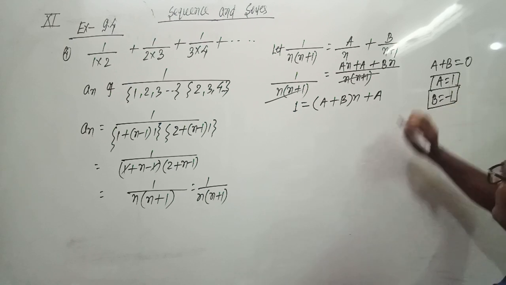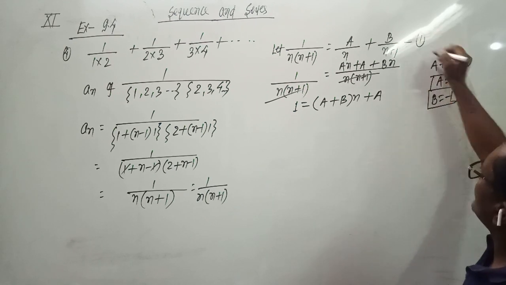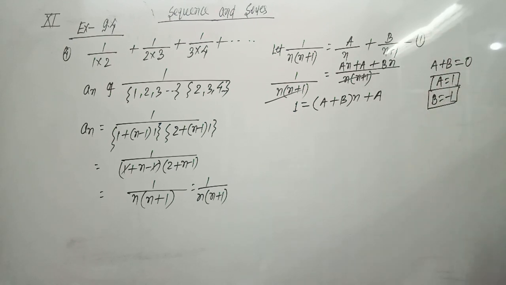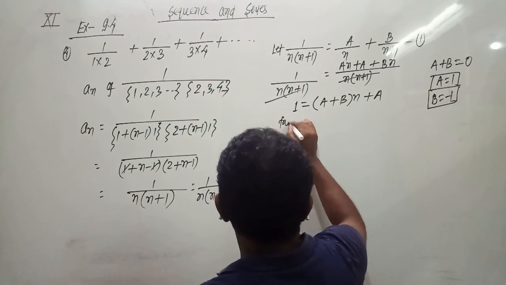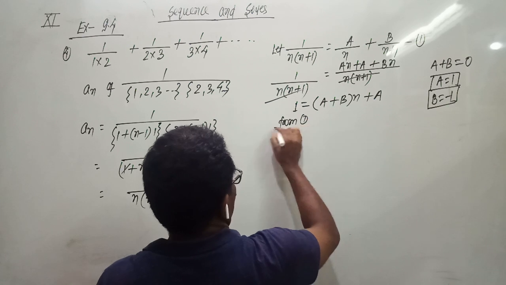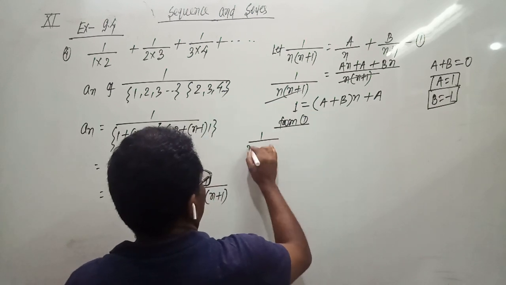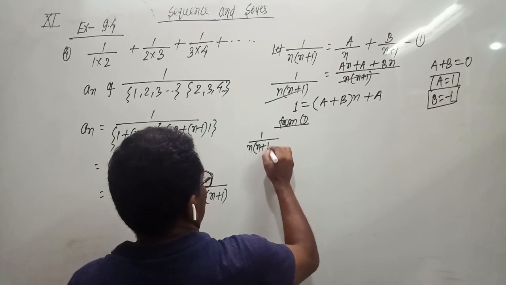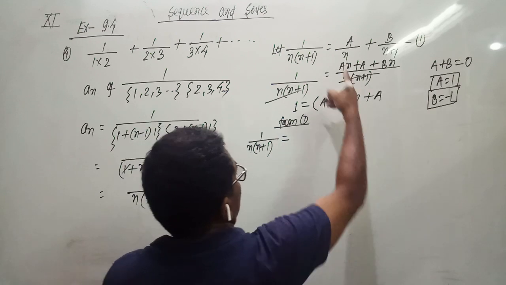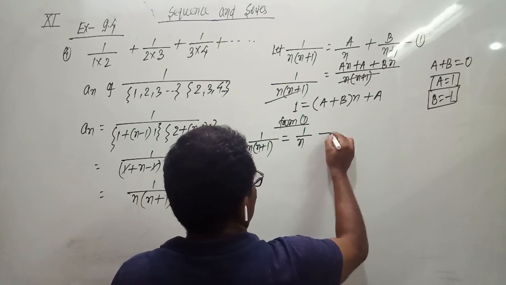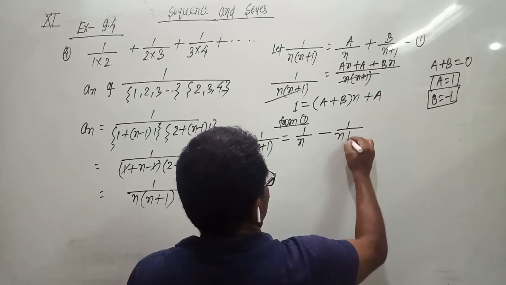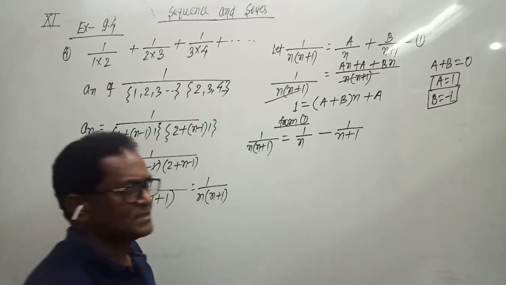Then we put the values of a and b in the first equation. So 1 upon n into n plus 1 is written as a upon n, which means 1 upon n, and the value of b is minus 1, so minus 1 upon n plus 1. So this is the nth term.